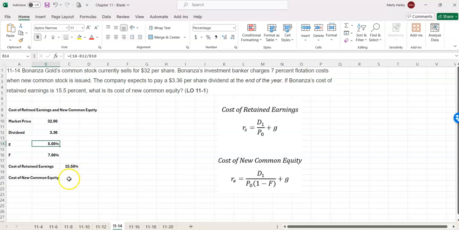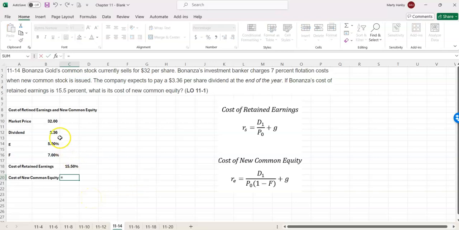So the cost of new common equity, we're going to use this formula. So it'll be our dividend, the $3.36 divided by the price, multiplied by 1 minus the flotation cost, plus the growth rate. So equals the $3.36 divided by, and we need parentheses here, the price.